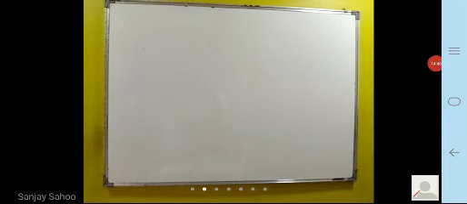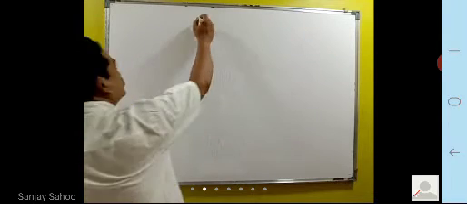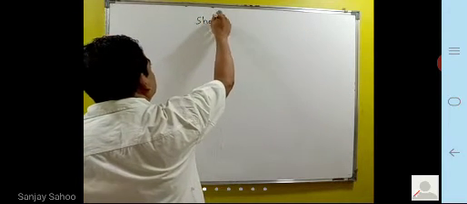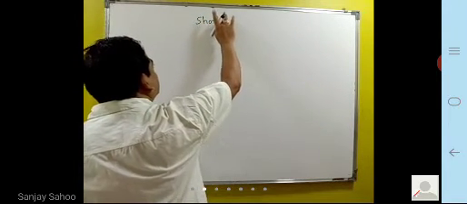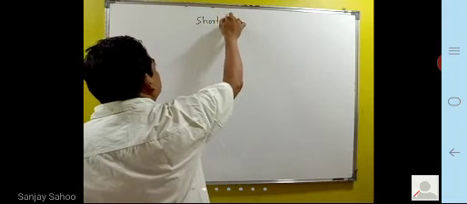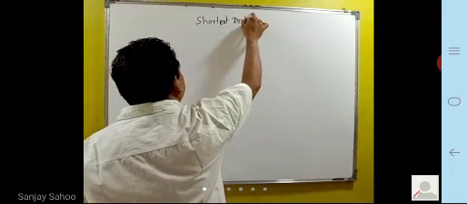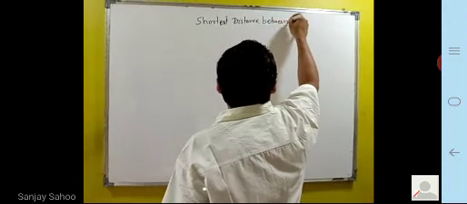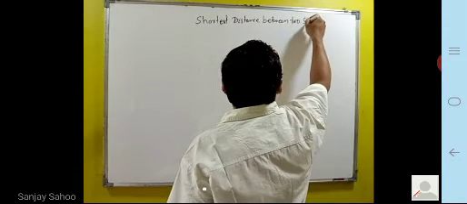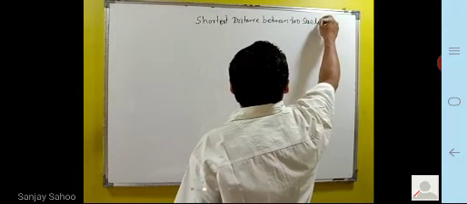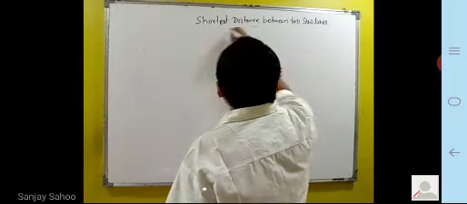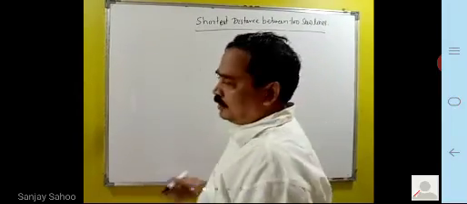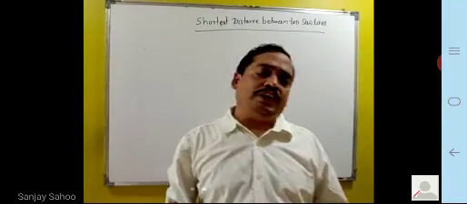Next is shortest distance between two skew lines. Let us understand what skew lines are.